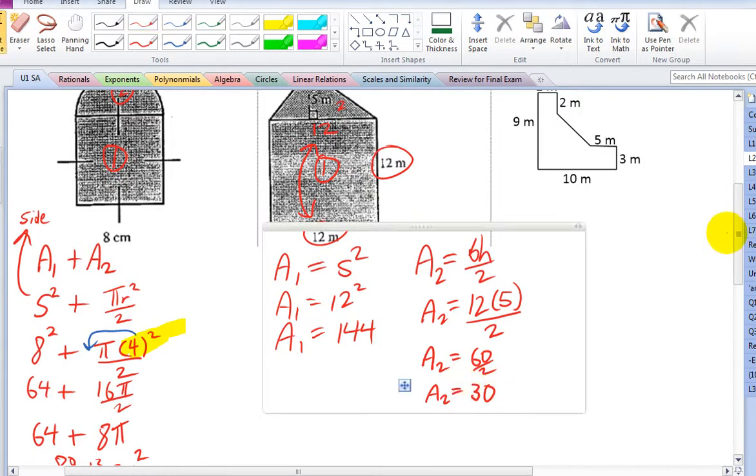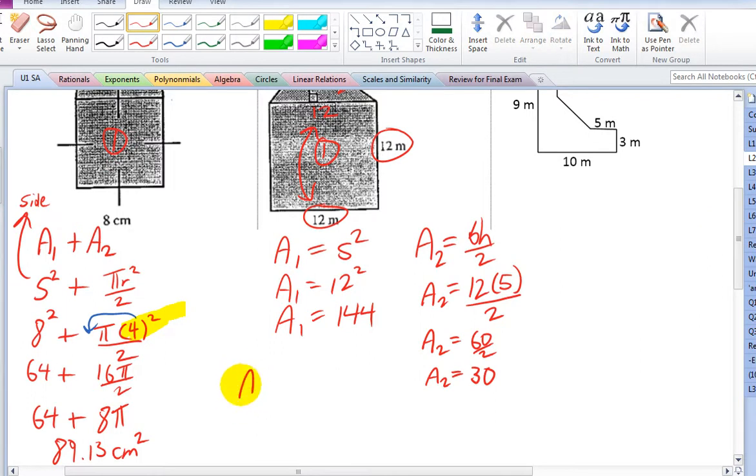Now you can add them up. Area total equals 144 plus 30. So it's 174 meters squared.